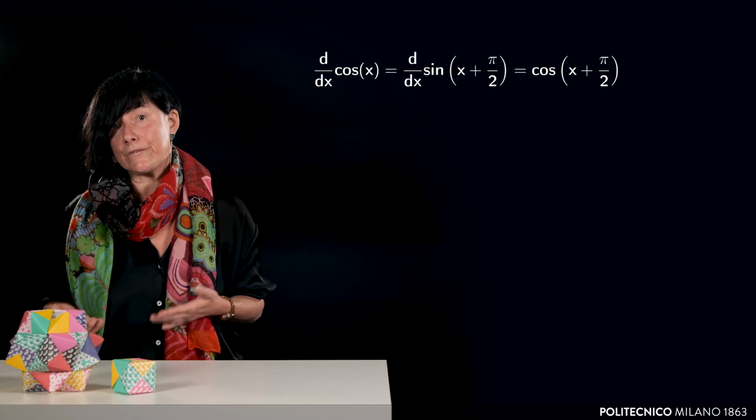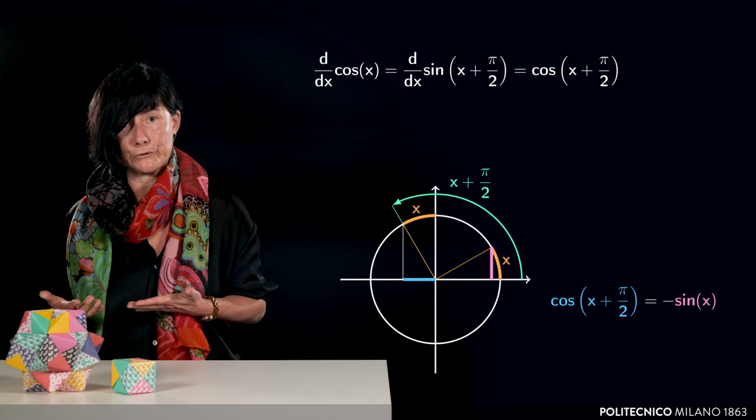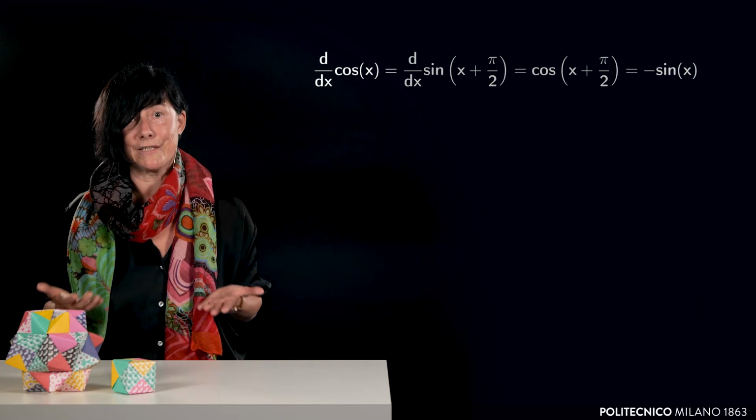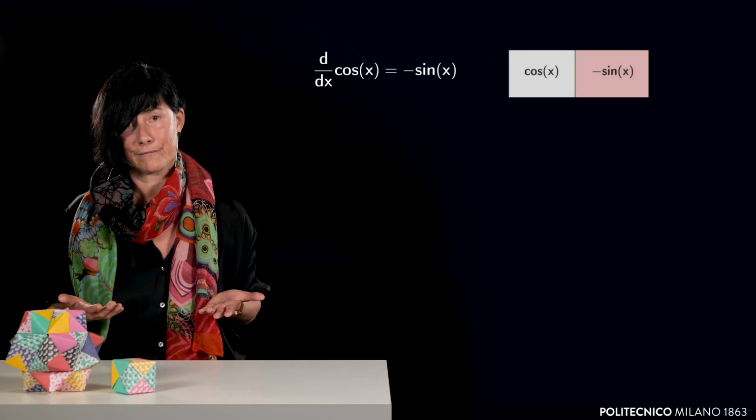Finally, we recognize the allied angles and observe that cosine of x plus pi over 2 is exactly minus sine of x. And here is the rule for the derivative of the cosine function.